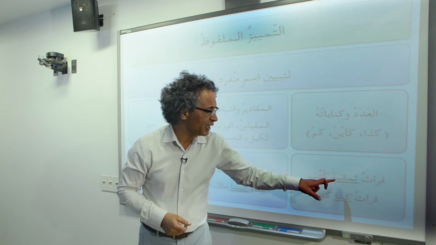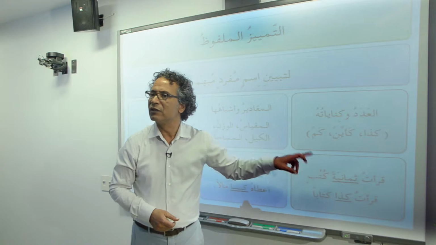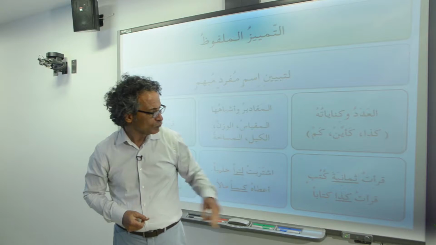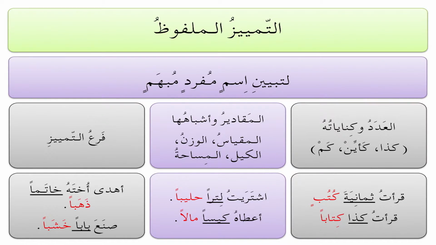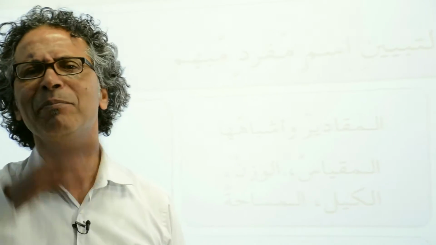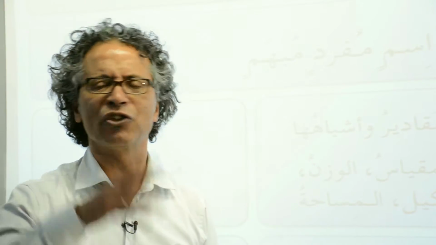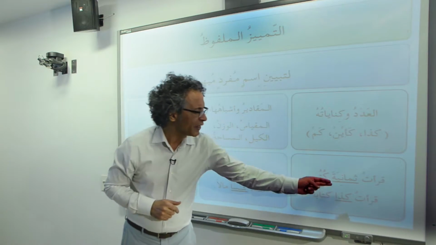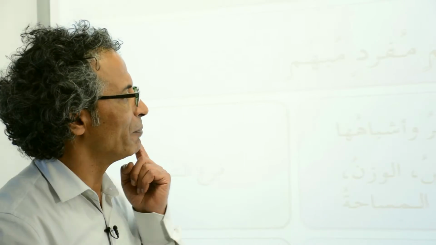So I read 8 books, not 8 newspapers or articles. قرأت كذا كتابا. So when you use كذا, I read some number of books. I read some books. I read a bunch of books. So كذا here gives the idea of number, but it's not really specific as a number.